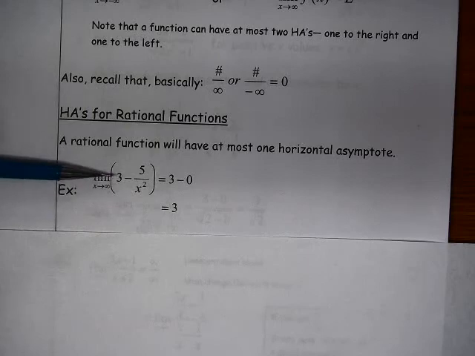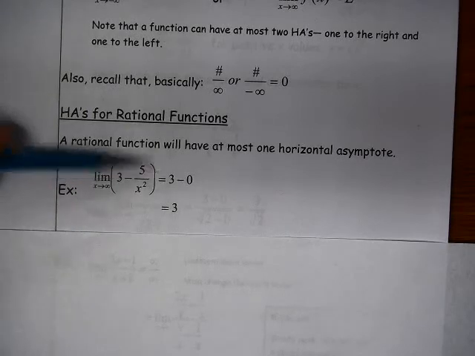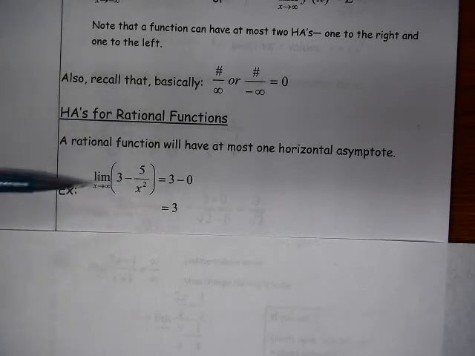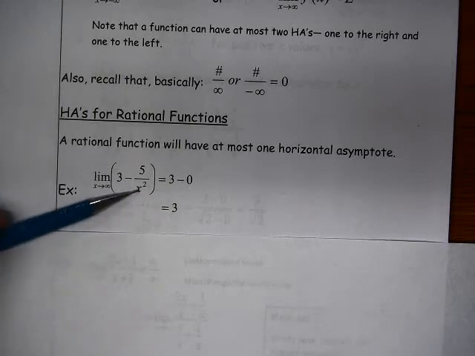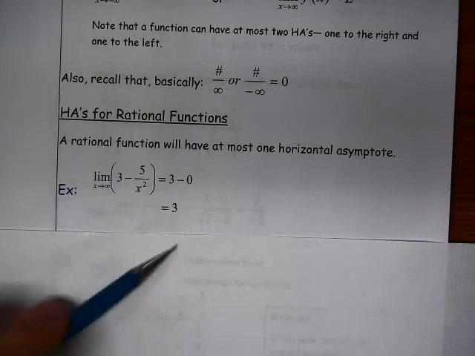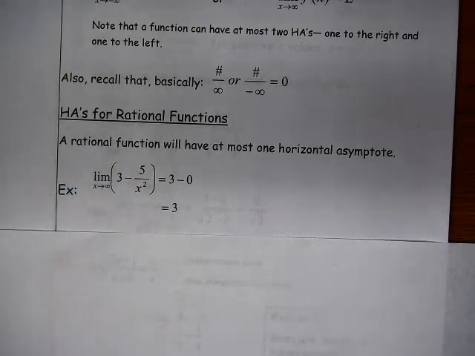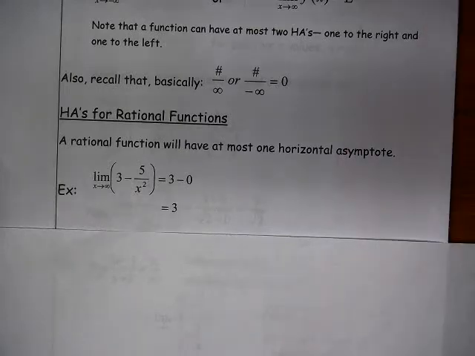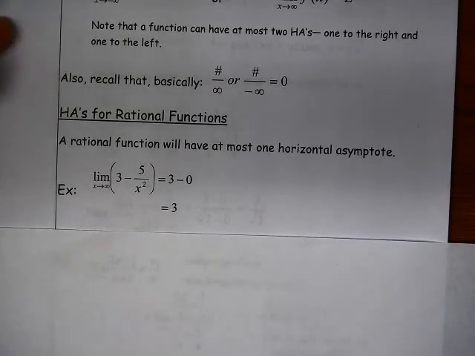And of course 3 doesn't depend upon x, so it stays a 3, but our denominator here approaches infinity squared, and so 5 over infinity squared approaches 0, leaving 3, and we can see that the horizontal asymptote there is going to be y equals 3. So that's one that we really just do by substitution.